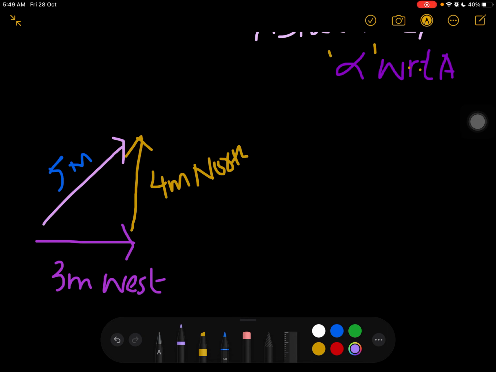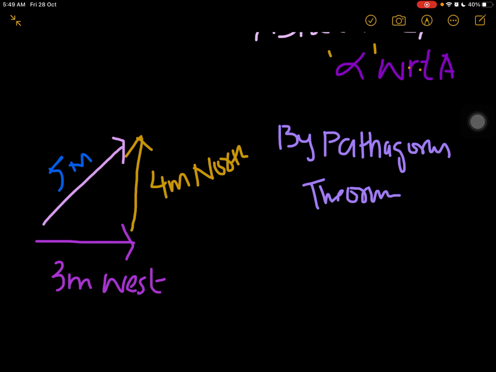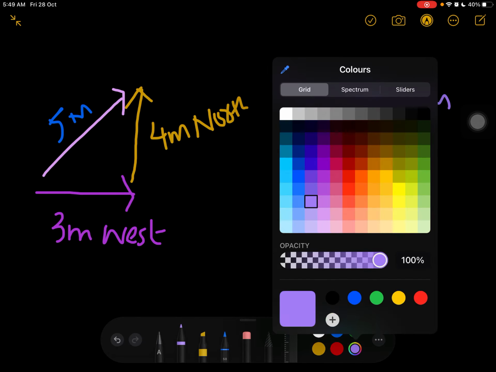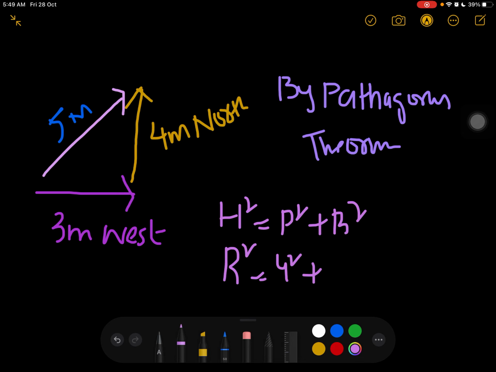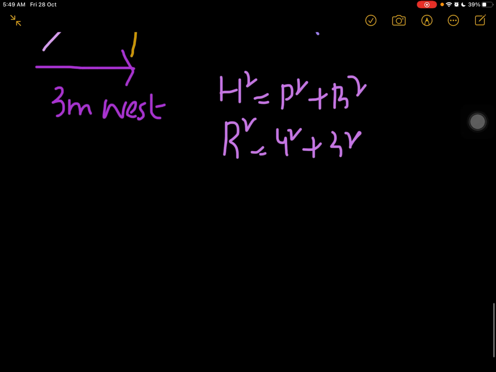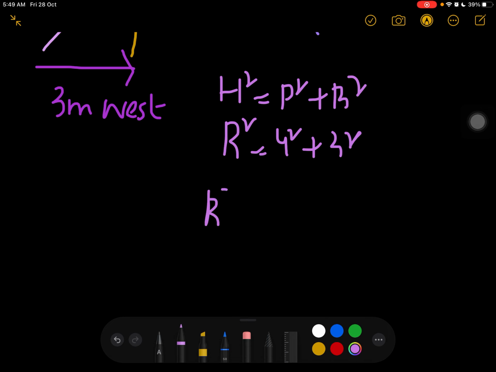So there is a theorem known as Pythagoras theorem, right? Over here, h square is equal to p square plus b square, or h is the resultant vector, r square is equal to 4 square plus 3 square. Now r square is equal to 16 plus 9, r square is equal to 25.